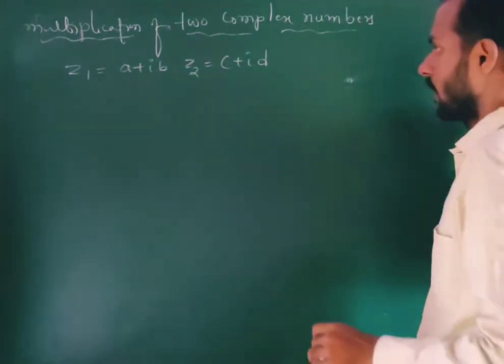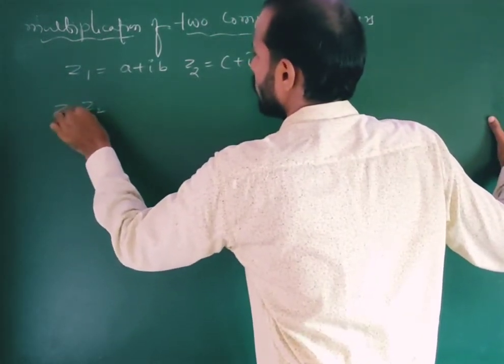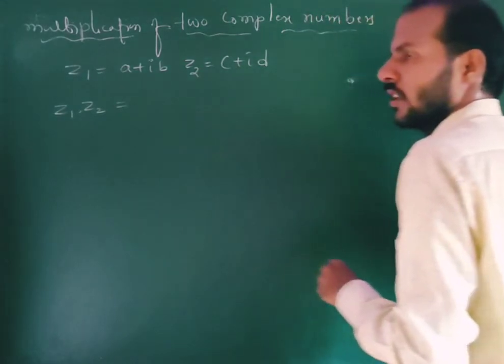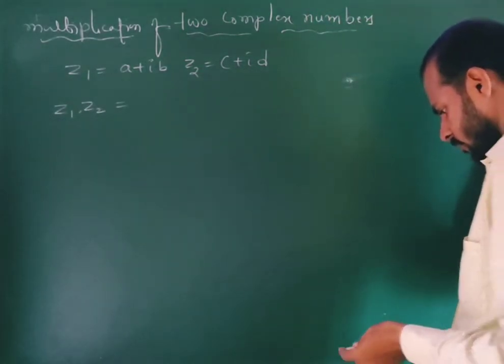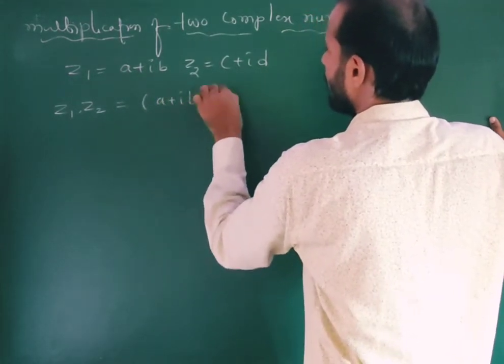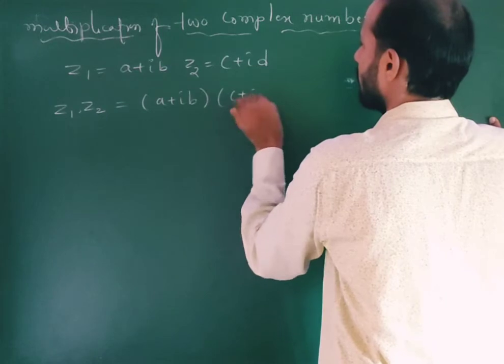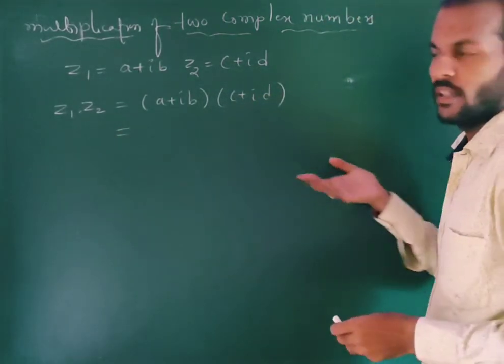Now multiplication of these two, z1 into z2. Now take a plus ib into c plus id. Now multiply here. Normally how do you multiply the terms?